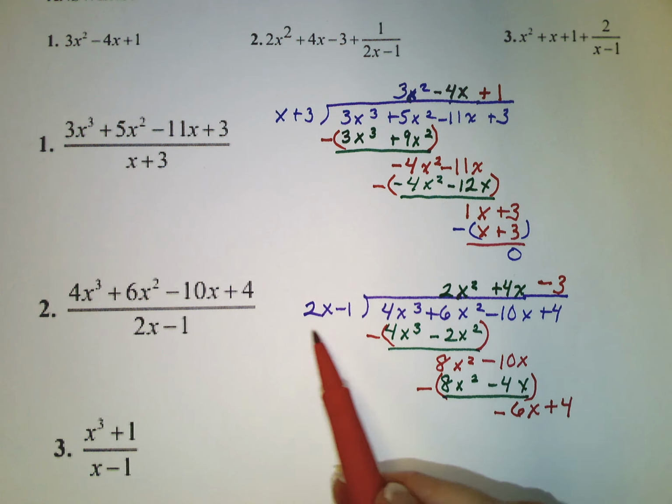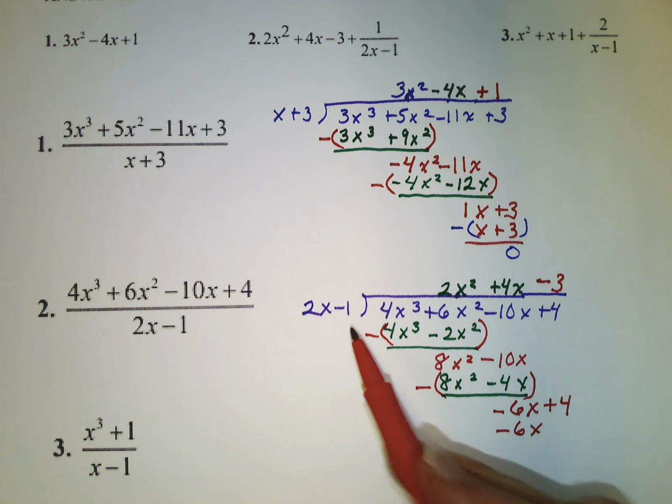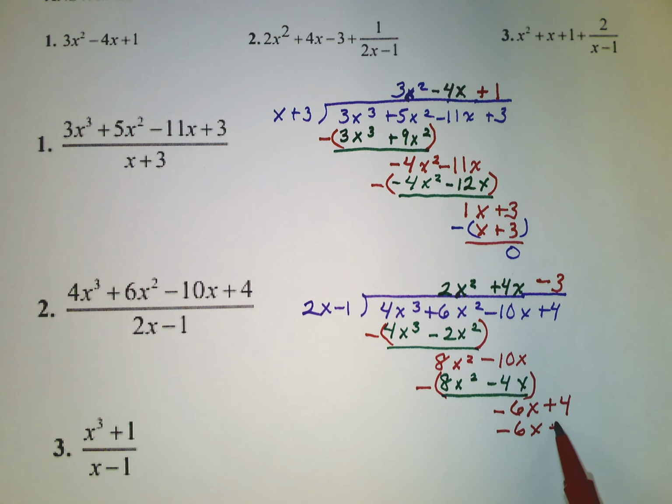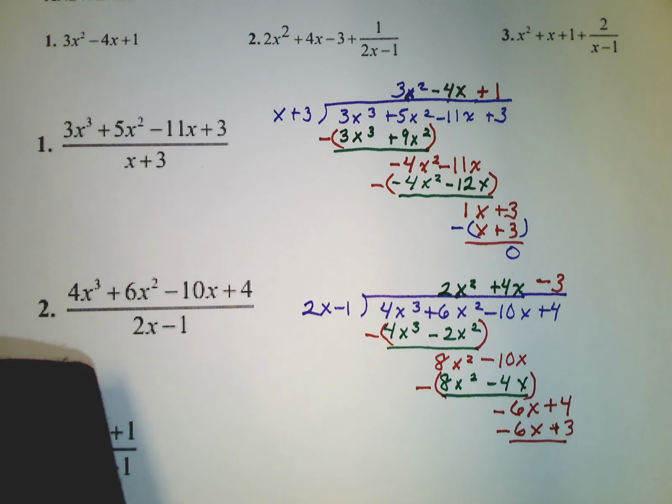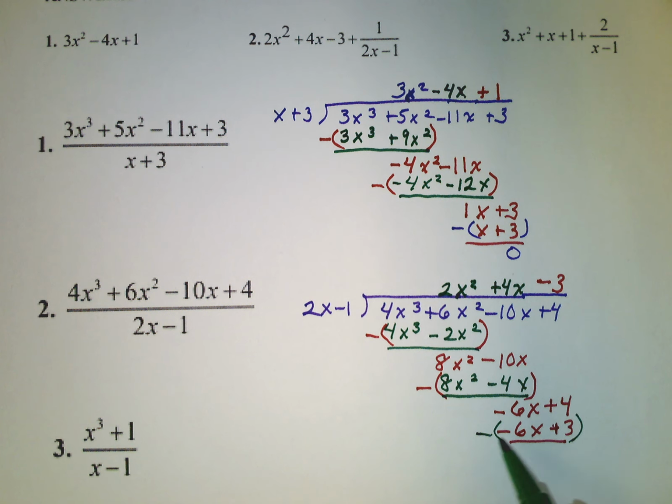And then that negative 3 gets multiplied times both of these. So that'd be negative 6x. And a negative 3 times a negative 1 is a plus 3. And we're going to subtract those. Well, the 6x's, negative 6x minus negative 6x, they cancel out.